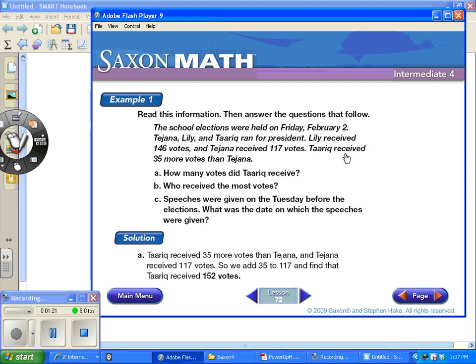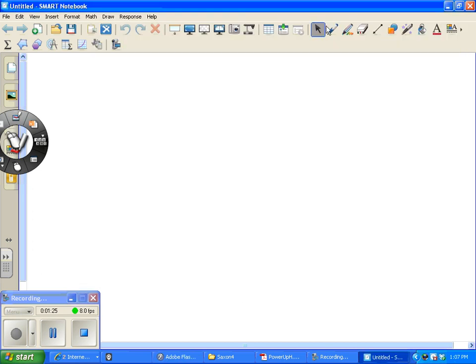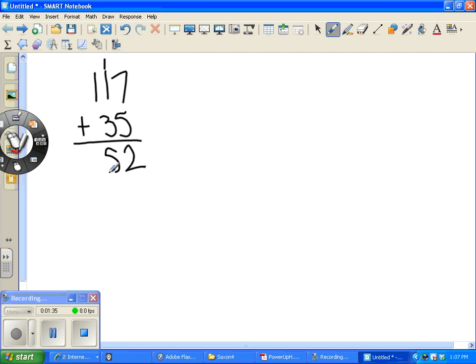Okay, so Tariq received 35 more than Tiana. Tiana received 117 plus 35 more. 7 plus 5 is 12. 3 and 1 is 5.